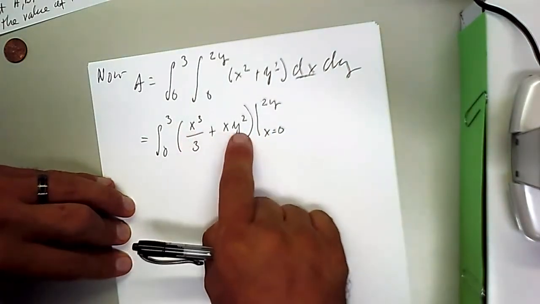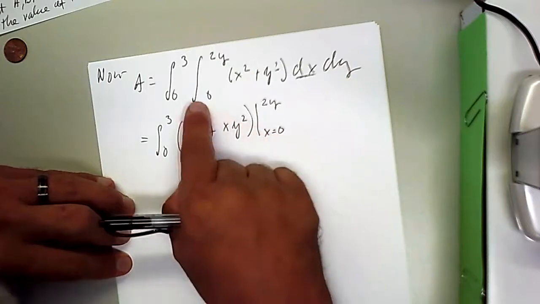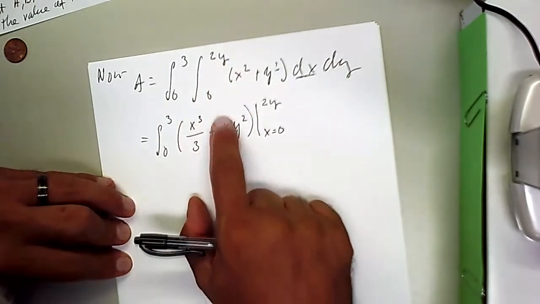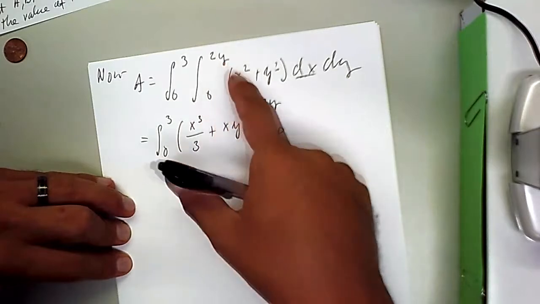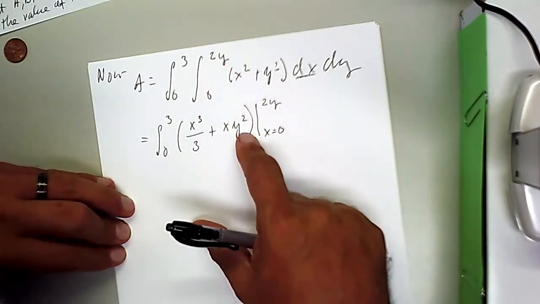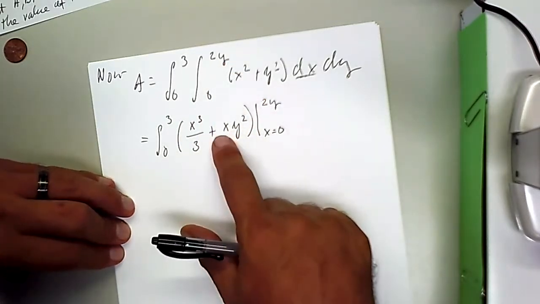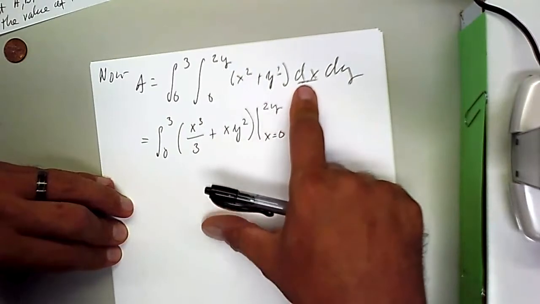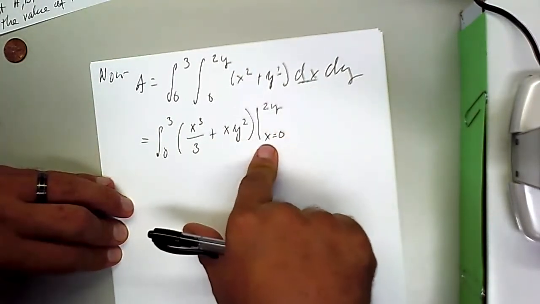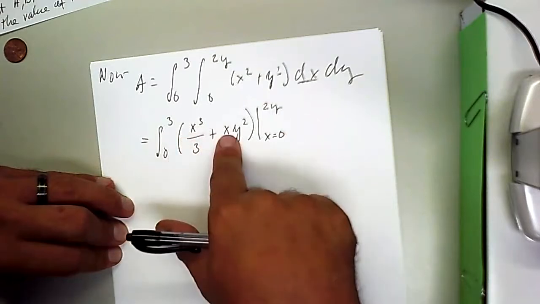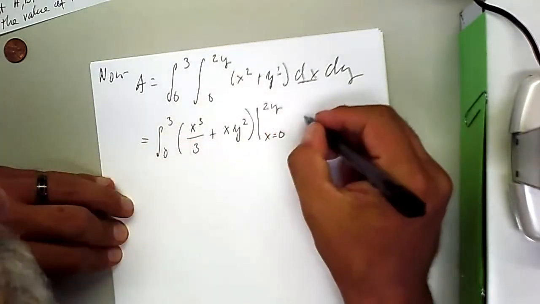See, there's two variables, x and y, and we're going to plug in 0 and 2y. So 0 and 2y are going to go for what? For x or for y? And it could be either one because the two of them are present. But we're integrating with respect to x initially. So the x is the one that gets replaced. This x and this x. dy.